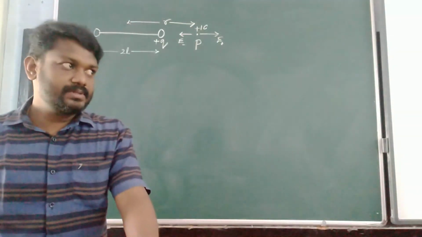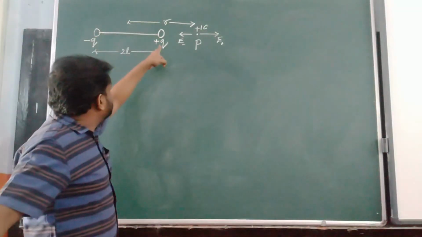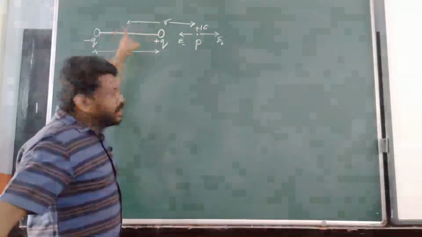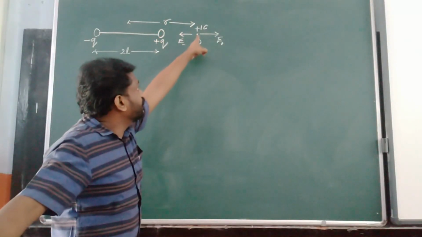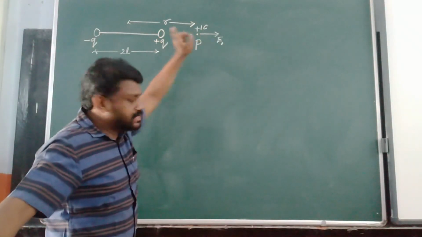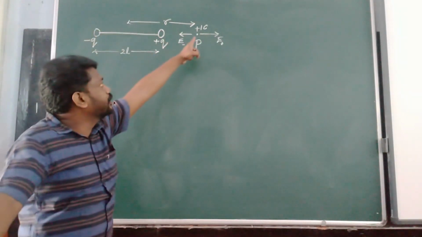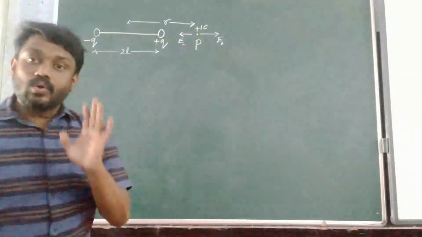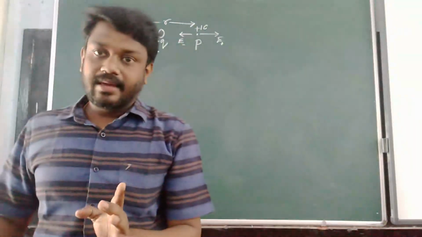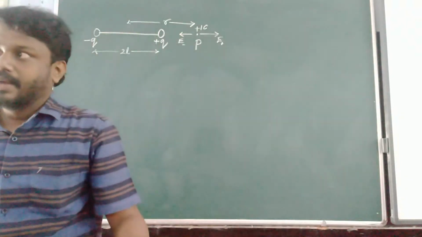How? You can see two charges present, plus q and minus q. Due to plus q, a force acts on the 1 coulomb positive charge, and due to minus q, another force acts on it, and the total force will be the force due to plus q and minus q.